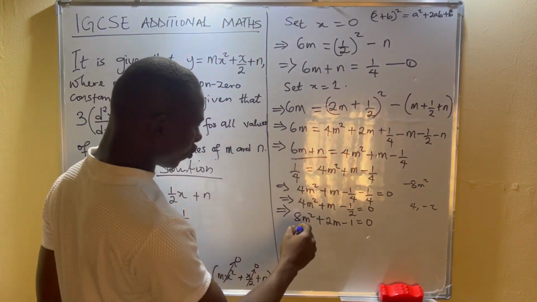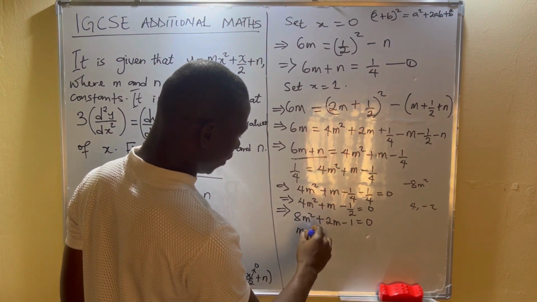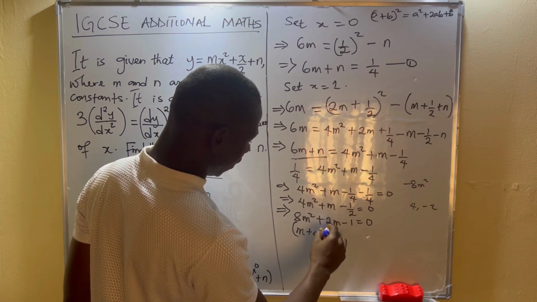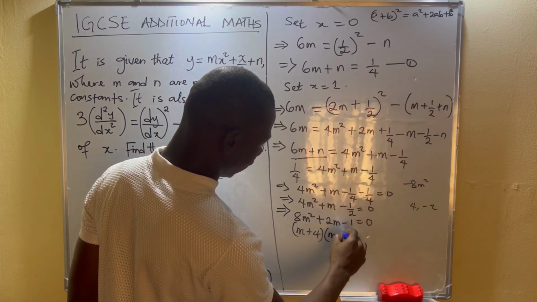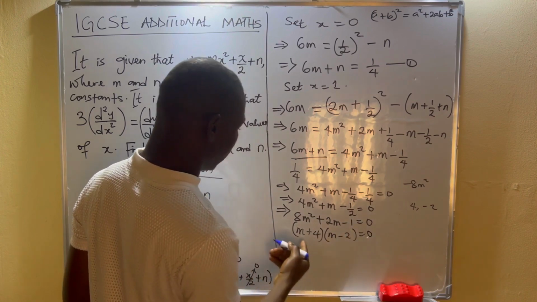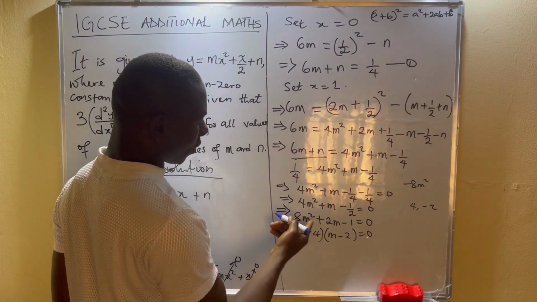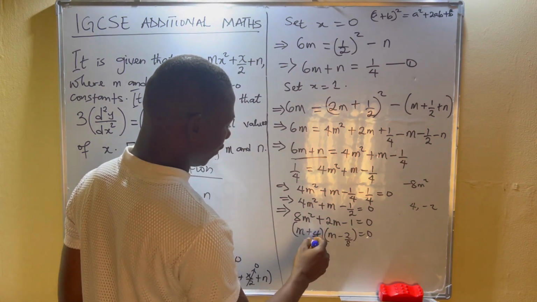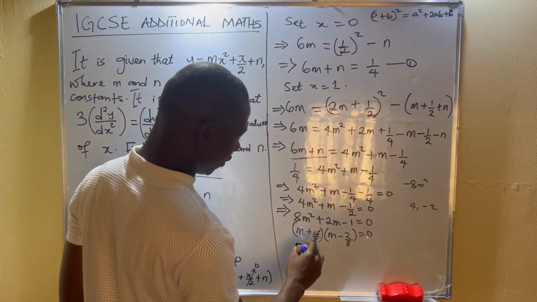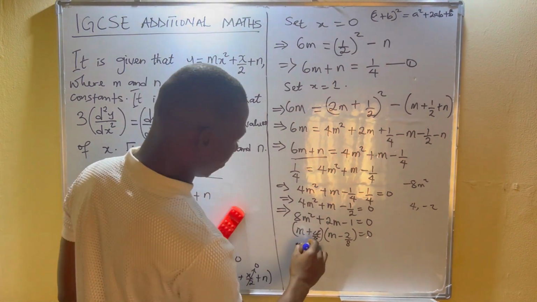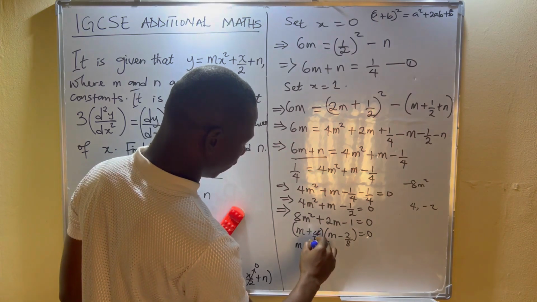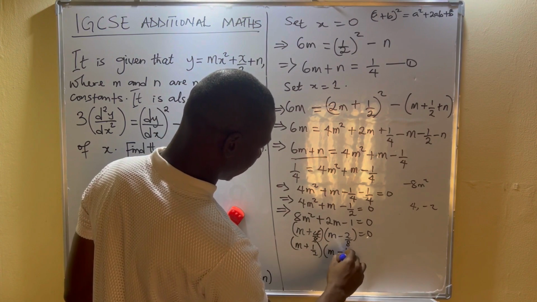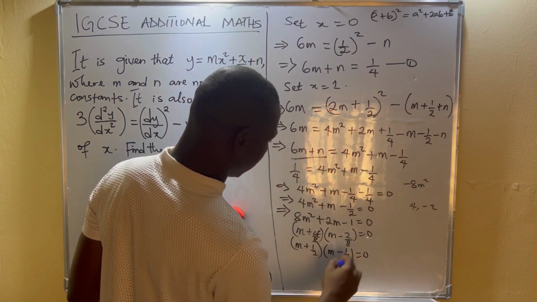Okay. So I will have m plus 4 times m minus 2 equal to 0. Then divide each number here by 8. If I divide, I have that m plus 1 over 2 times m minus 1 over 4 equal to 0.